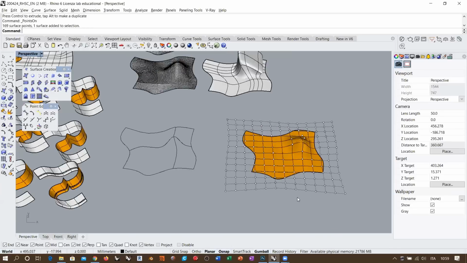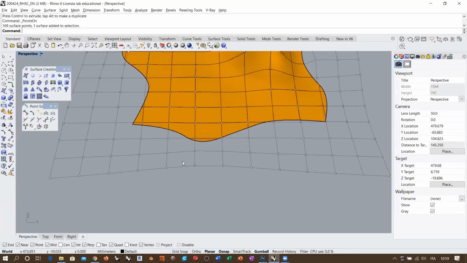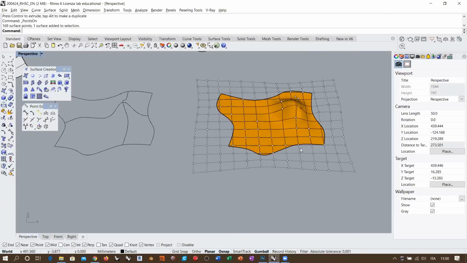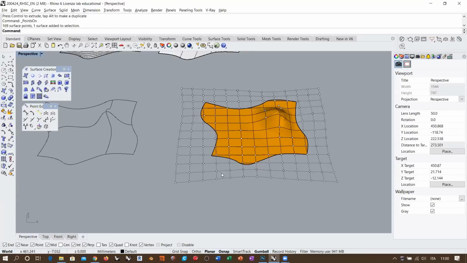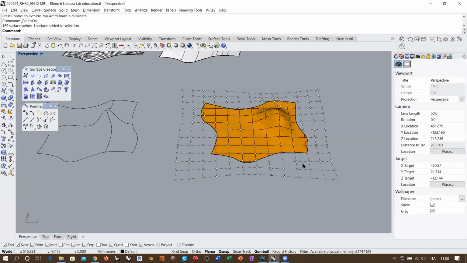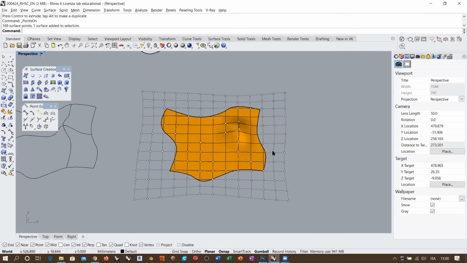If you go here and see, you will have 1, 2, 3, 4, 5, 6, 7, 8, 9, 10 spans in the region of the surface, and then more because it needs more extension for our surface. Okay, so you don't even control exactly the number of spans. The number of spans is the number of spans that you want for the desired surface, not for the whole surface. Okay, so you see that you control nothing about the surface in the end.